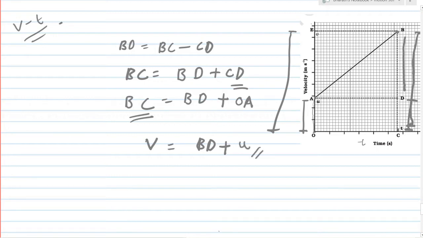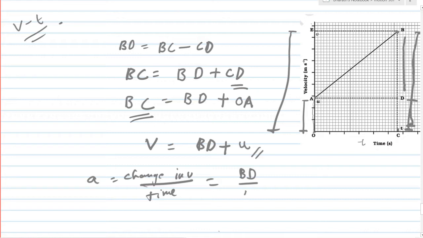So once we get this, let us look at what is acceleration. Acceleration is change in velocity by time taken. So change in velocity over here is nothing but BD, because it's obviously the total velocity minus the initial velocity, divided by the total time taken, that is AD or OC.